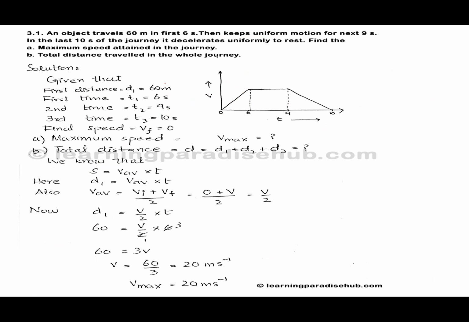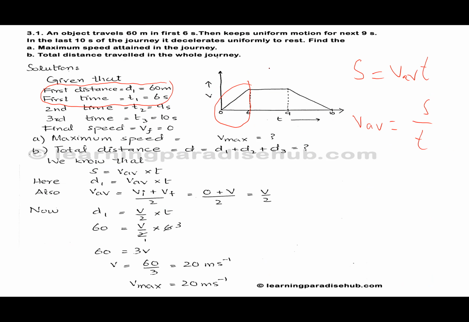We will write the data. This data is for the first case, for this journey. We should find V maximum during this journey. So you will write S is equal to V average into T. V average is equal to S divided by T.